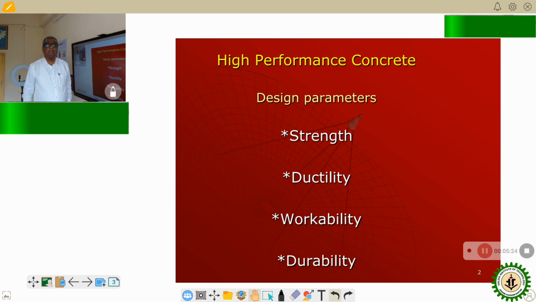In this aspect, you have to remember one thing: when you are trying to get high strength concrete, then you will slowly find that the concrete is becoming rigid. But that is not acceptable. We have to get ductile concrete.